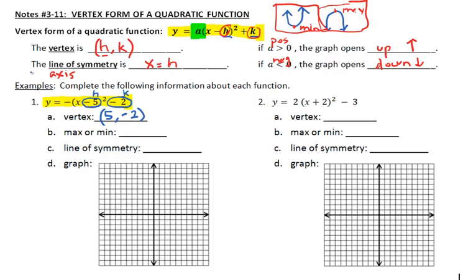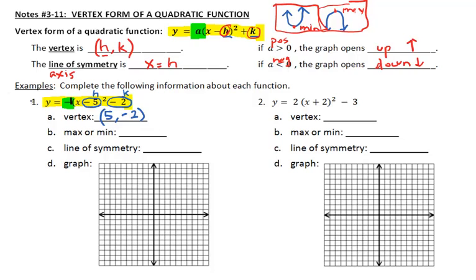Now, you'll notice that the a is negative. The number outside of the parentheses is negative. There's no number there, so we just assume it's a 1, and it's got that minus, so it's negative 1.